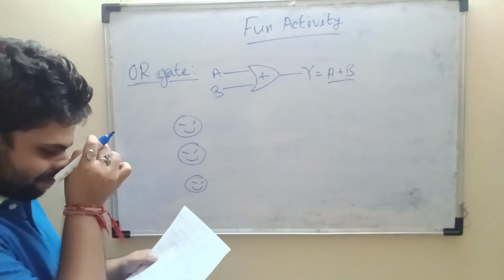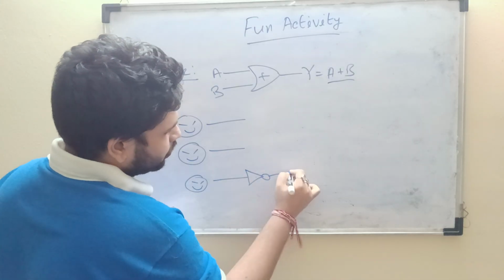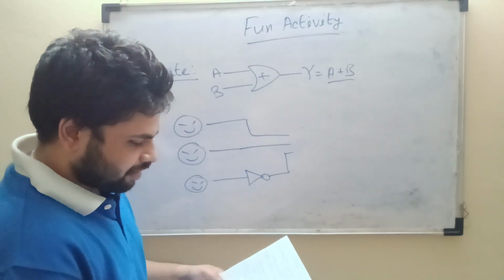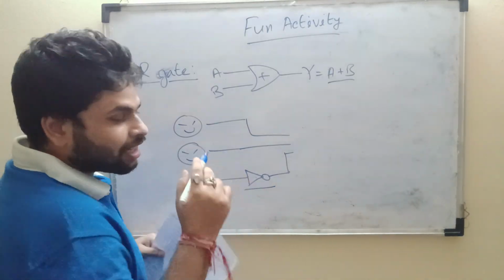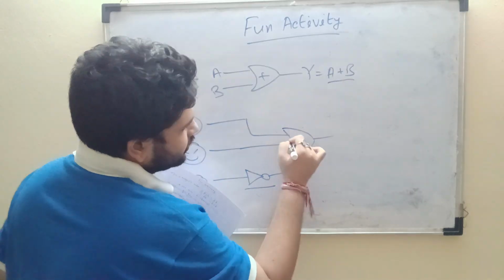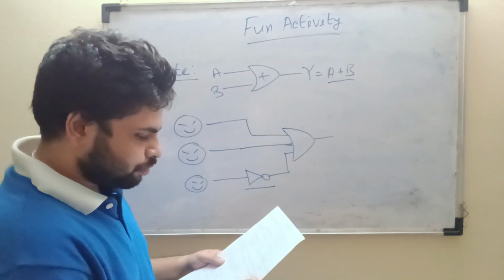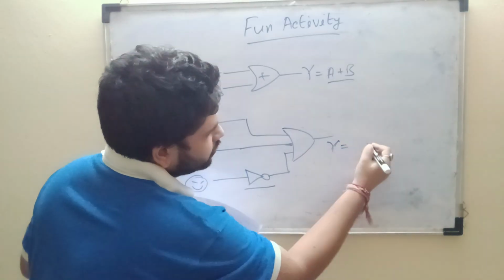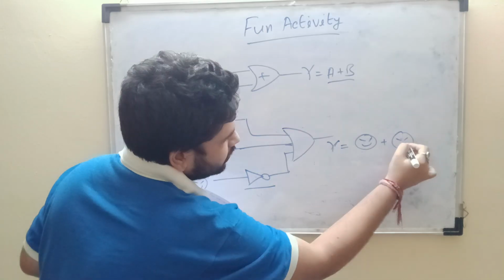When someone gets roasted, his mood will not be like this, so a NOT gate is introduced. If we add their emotions, the two roasting guys and the poor guy getting roasted by his fellow mates, what will be the output? Like this.